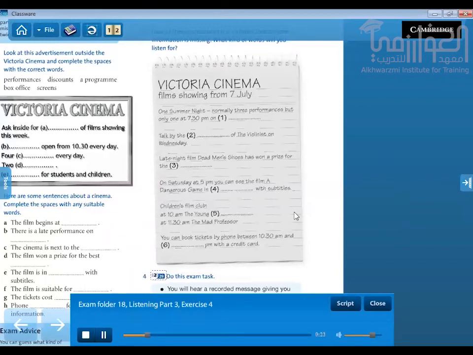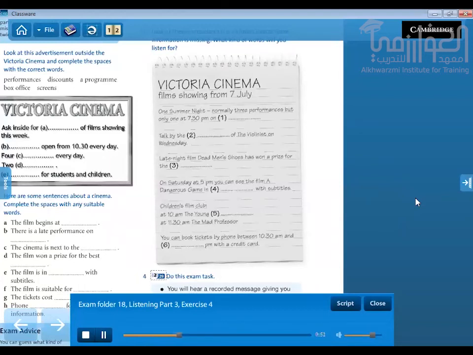Welcome to the Victoria Cinema Information Line. Here is a list of films for the week starting July the 7th. There are 3 performances each day of One Summer Night at 5 p.m., 7:30 p.m. and 10 p.m. except Monday, when there is only one chance to see it at 7:30, and Sunday, when there is no performance.